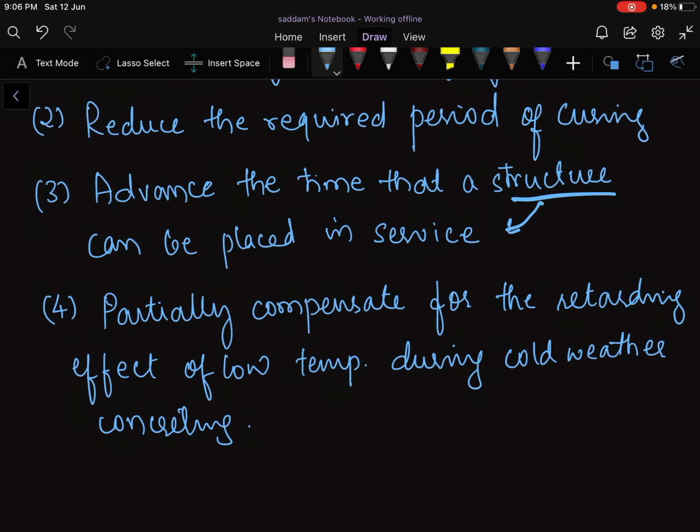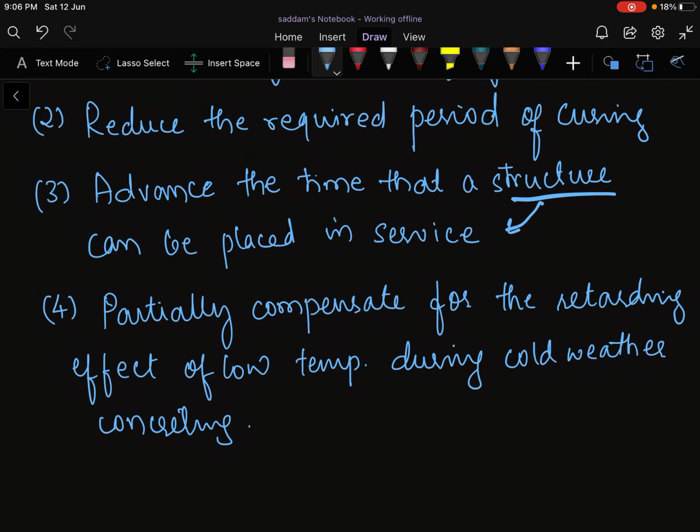As we have discussed earlier in the case of retarder, in Gulf countries where the temperature is high, hydration is also high, the release of energy is high, so the setting of concrete is earlier.